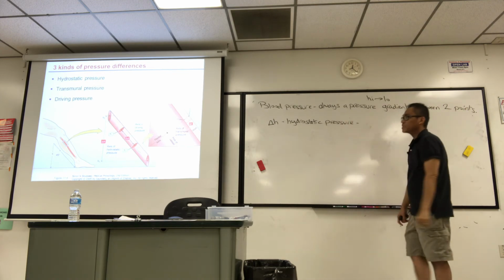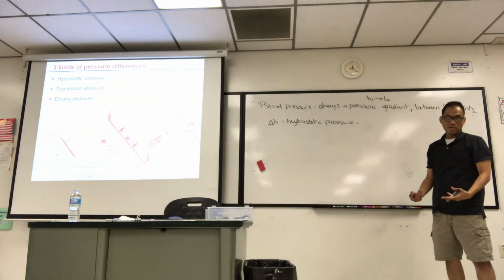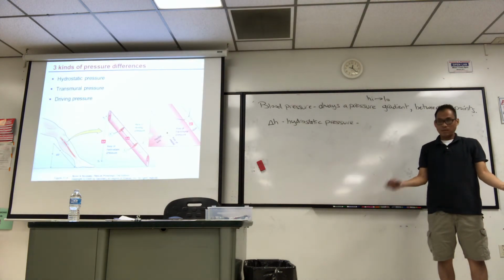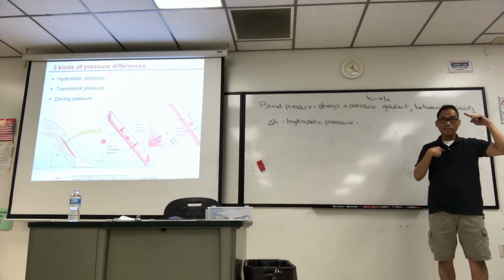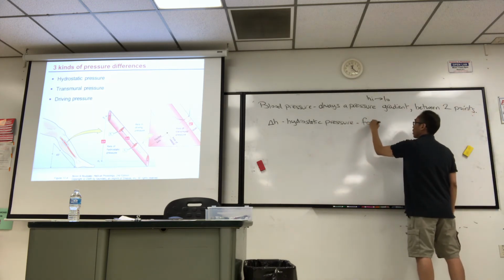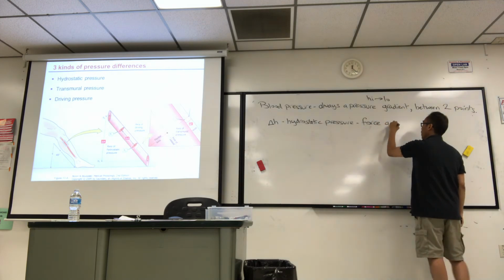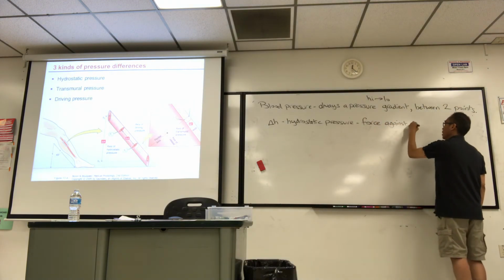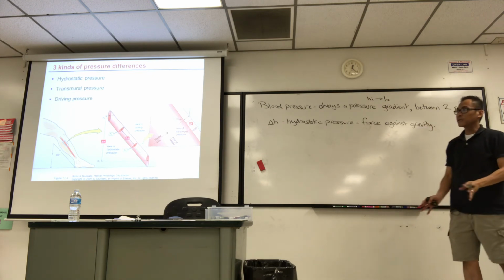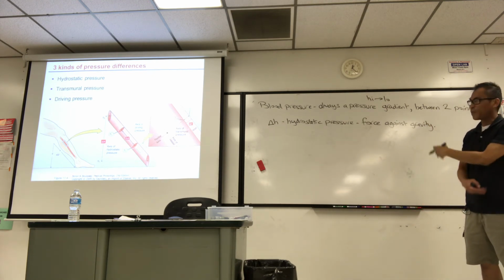I'll just define it as the pressure against gravity, because we are upright, and the heart's in your chest. For example, to get blood to your head, you have to pump against gravity. So that's something to be considered. And that's all I'll say about that. I don't talk about it too much more than that.